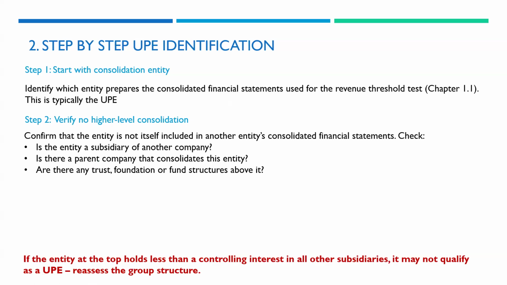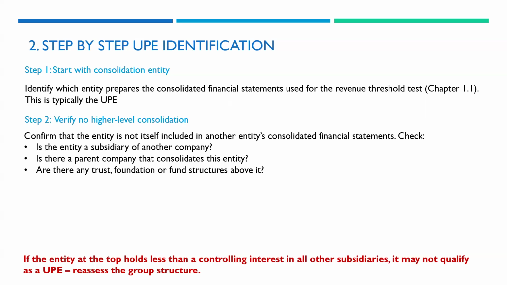Okay, but it should not have trust, foundation or fund structures holding it. Why? Because, as explained, trust, foundation or fund structures are also a constituent entity, right? So that means it would be held by another entity. So you have to really see that, okay, this consolidation is not a part consolidation, but it is the ultimate consolidation, and the consolidated entity is not owned by another entity.